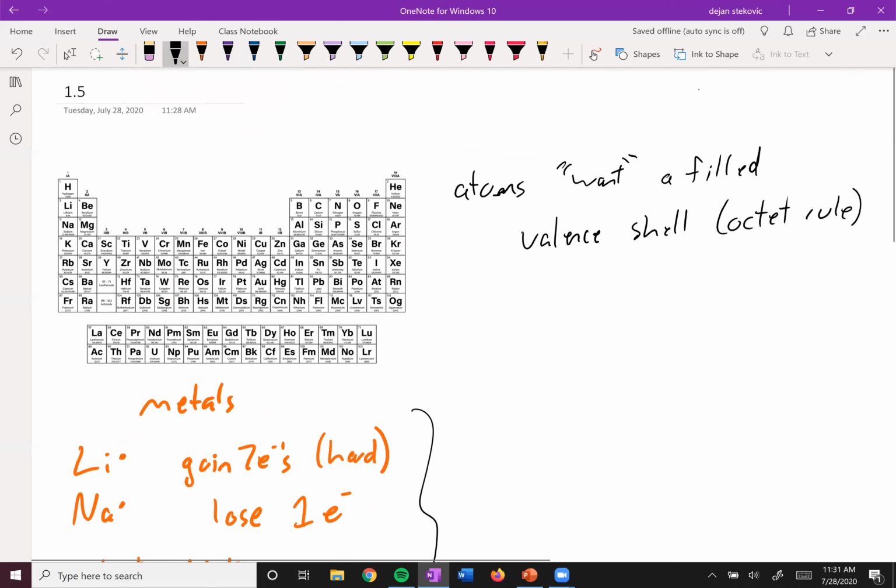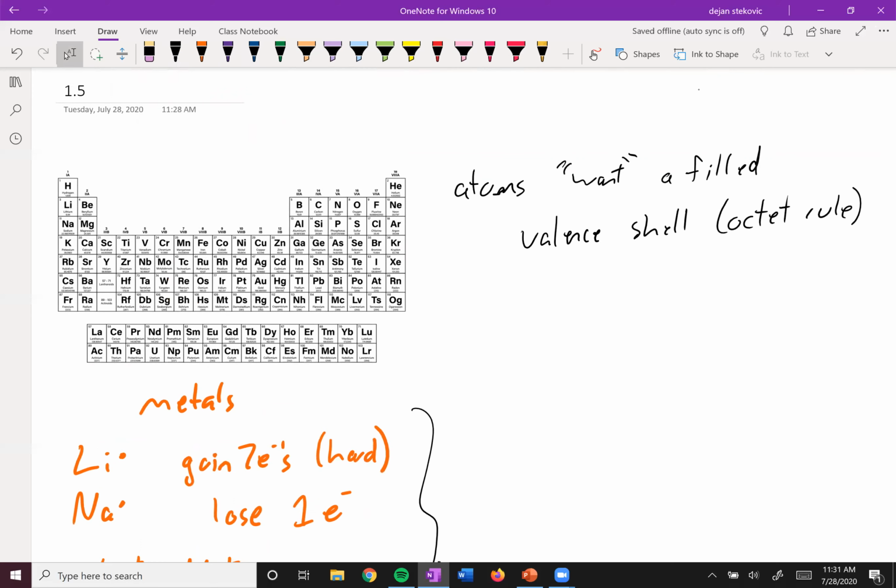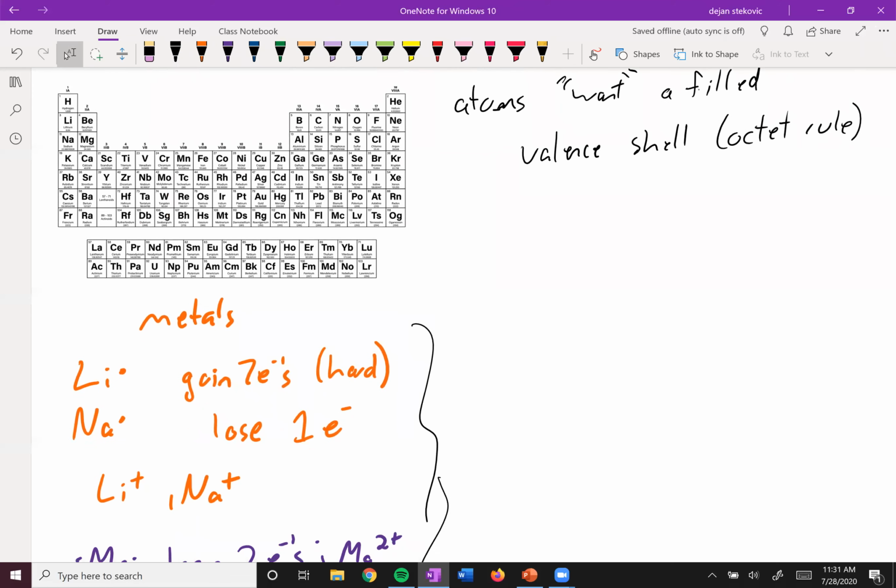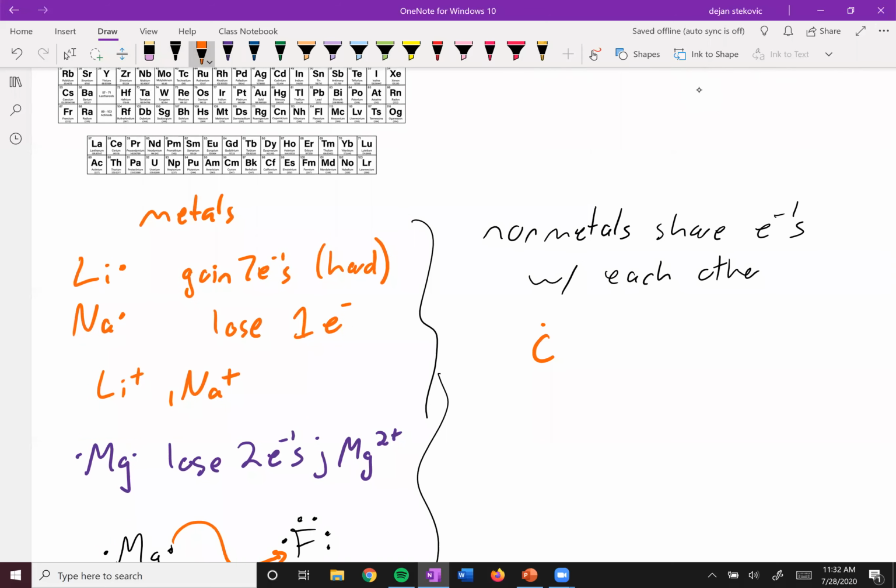Non-metals also kind of cheat a little bit to get a filled valence shell. Instead of giving or taking electrons, they just say we're going to share our electrons. So non-metals share electrons with each other. For example, carbon has 4 valence electrons, and hydrogen has 1 valence electron.